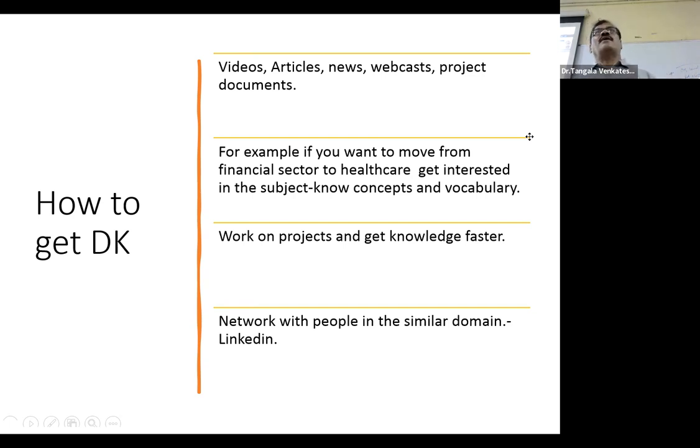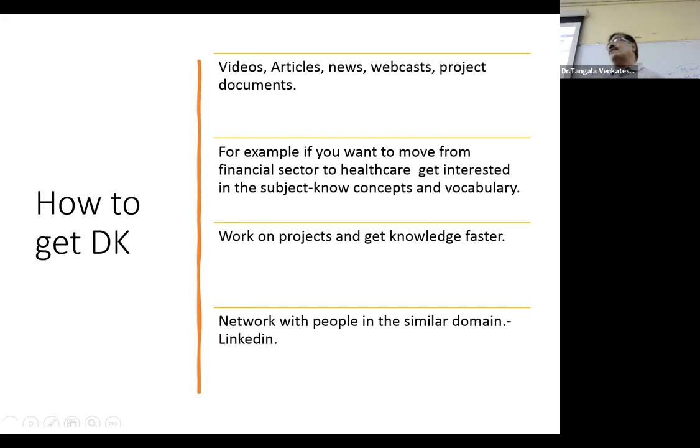Some of these webinars might connect with you well. If you are interested in a particular domain, and there is a webinar relating to that domain, you can attend those webinars. Similarly, project documents. These are all the sources wherein you'll be able to get domain knowledge.